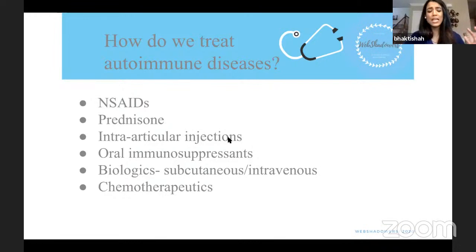So we have a large variety of options right now in our armamentarium compared to what we had 50 years ago. We have come a long way. And a lot of these medications have really only been around for about 10, 15 years. So it's wonderful that we have more treatments for our rheumatic conditions now, and there's still plenty more that are in development. And in patients that have severe disease, we use chemotherapy.